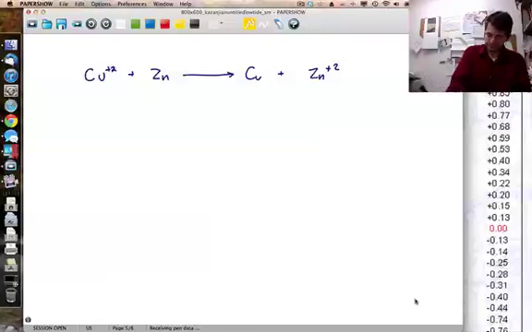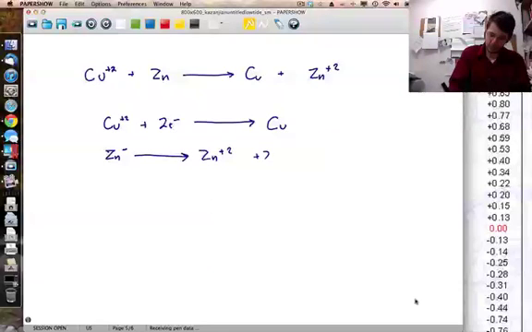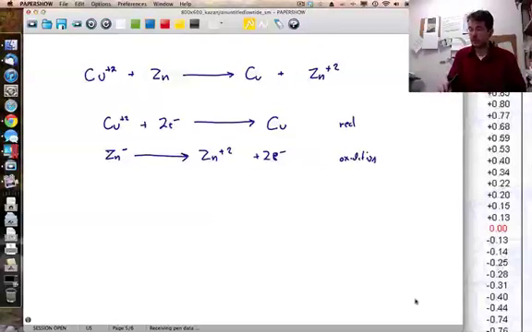Now, we can look up each of these half reactions: copper plus 2, plus 2 electrons goes to copper 0, and zinc goes to zinc plus 2, plus 2 electrons. This would be the reduction, and this would be the oxidation. Like I said, this wasn't a worthless exercise.